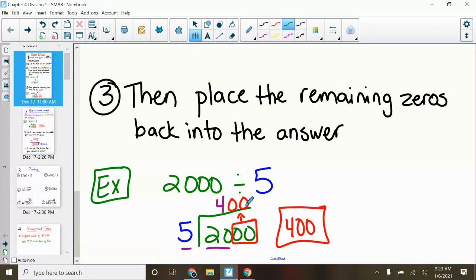So this is called mental math. This is actually math that some of you could do inside your head completely. Like you wouldn't even need to write any of this out because you are capable of looking at this problem and seeing that 5 would go into 20 4 times, and I have these 2 zeros left over, so that gives me a 4 with 2 zeros, gives me a 400 as an answer.